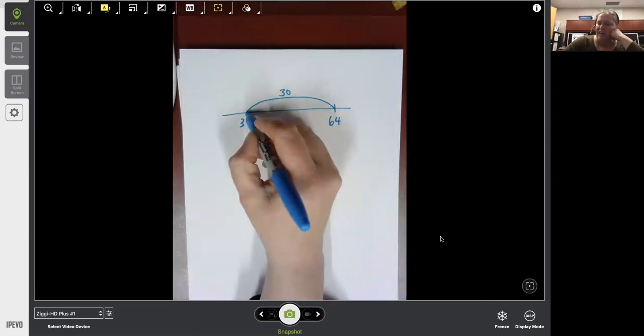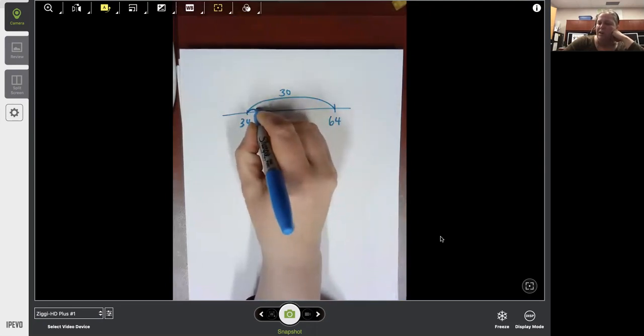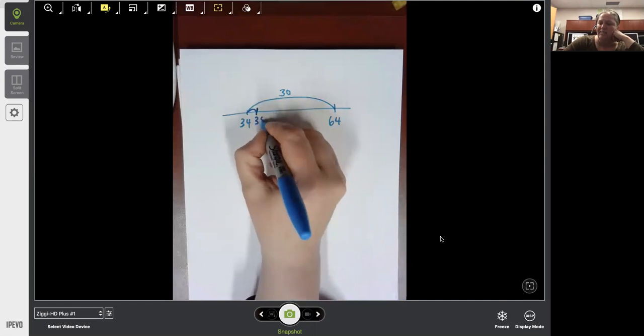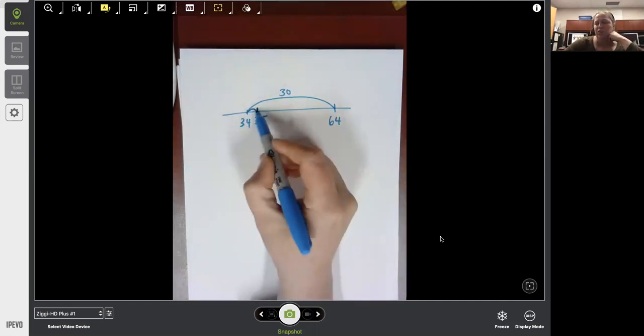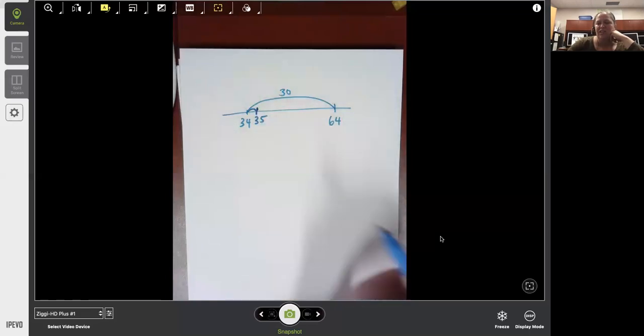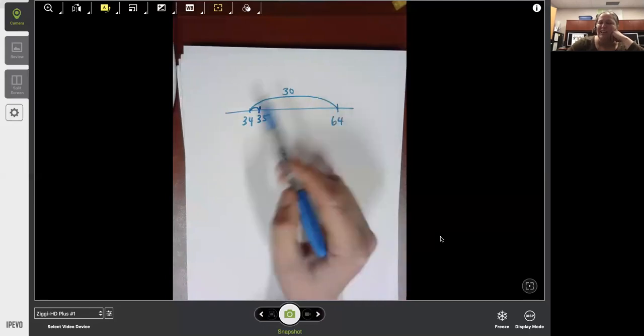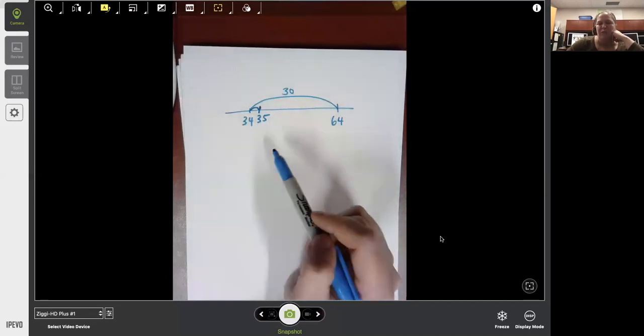And so all they have to do is, if they want to just take off 29 instead, go up 1 so that this distance is actually 29. There's a lot of really important conversation that can happen around how that works.